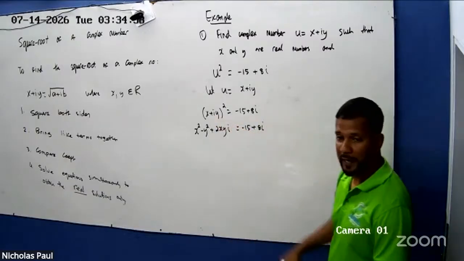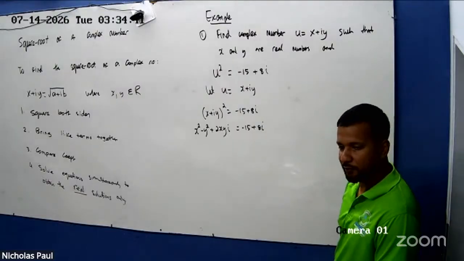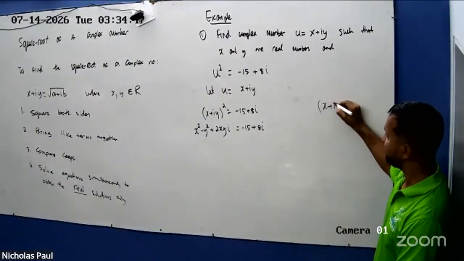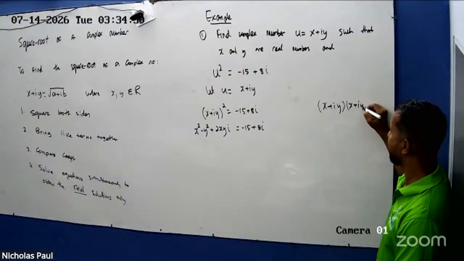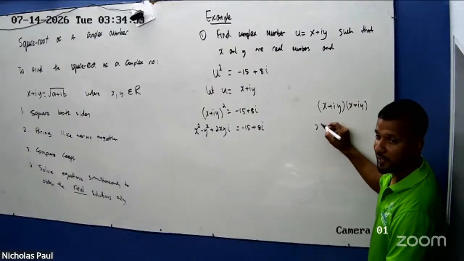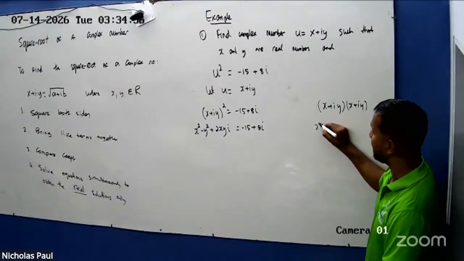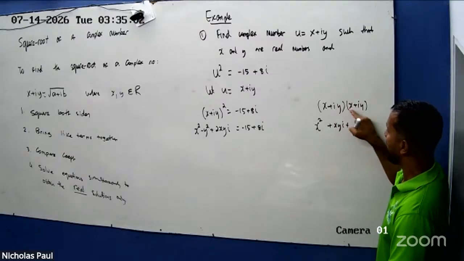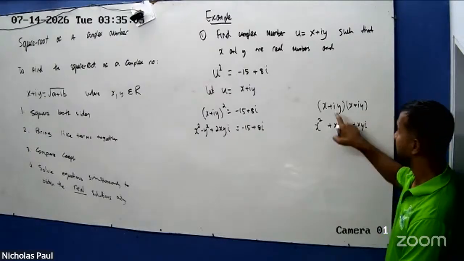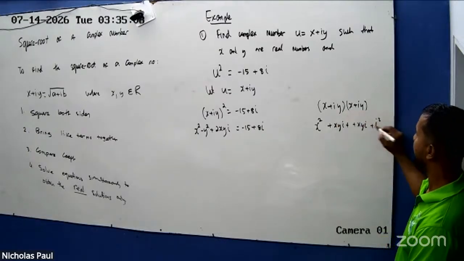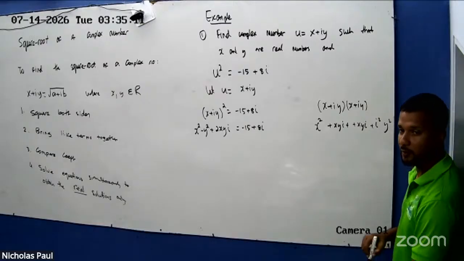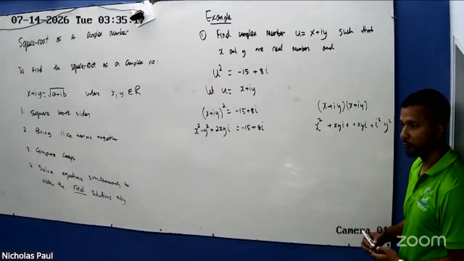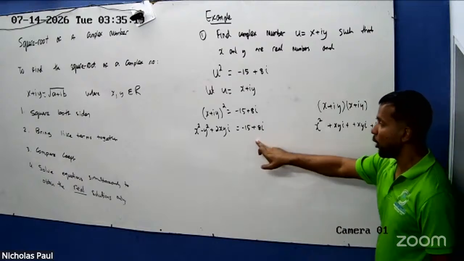Watch. x by x is x squared. x by yi is xyi. iy by x is xyi. i by i is i squared, y by y is y squared, and i squared is minus 1. And this is 2xyi. That's okay. Now, what to do now?